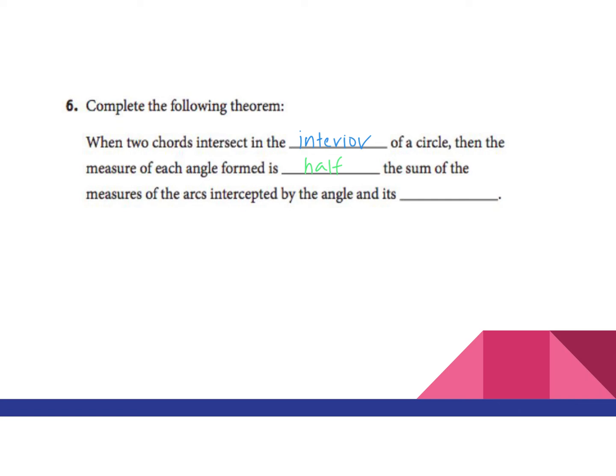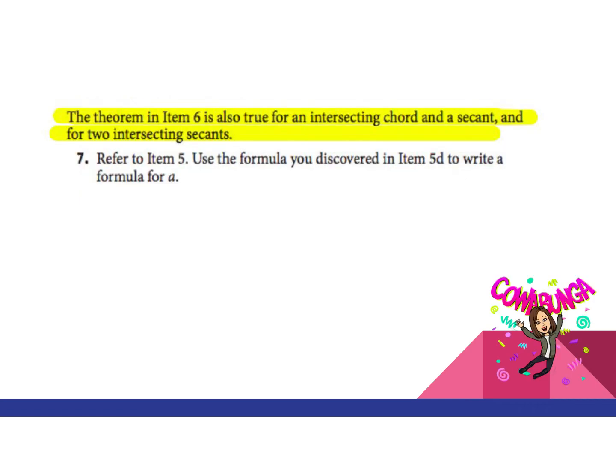Now remember, those arcs are intercepted by the angle and its vertical angle, just as we saw with x in the previous problem. The theorem in item 6 is also true for an intersecting chord and a secant, and for two intersecting secants.